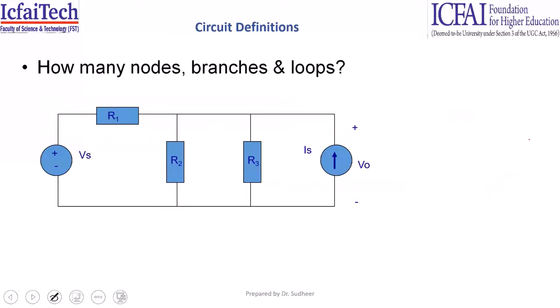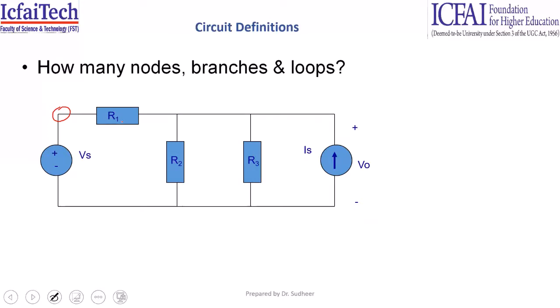Let us identify how many nodes, branches, and loops are present in this circuit. Generally we can say this is the first node, wherein the voltage source and resistor are connected. People will always get confused.